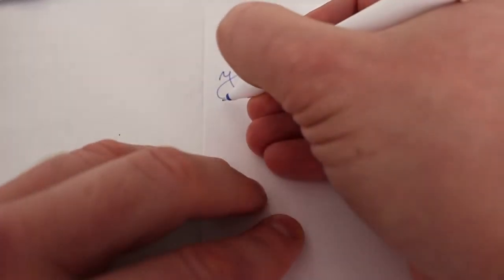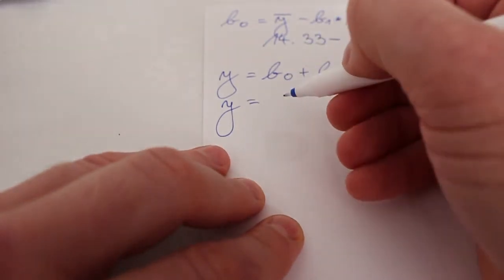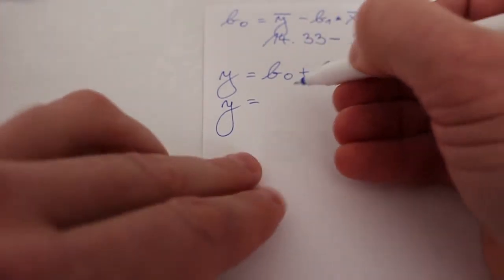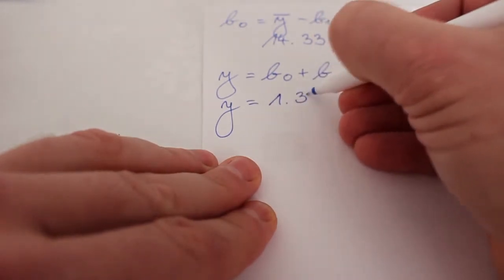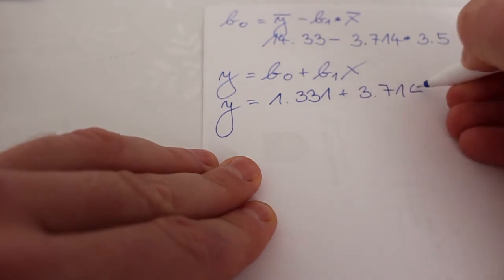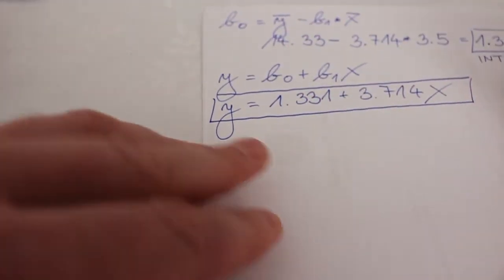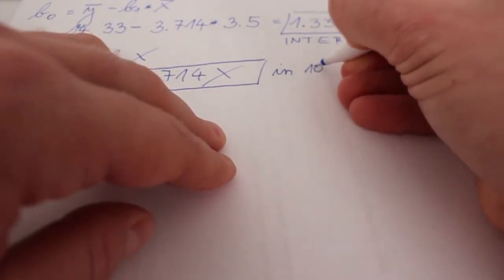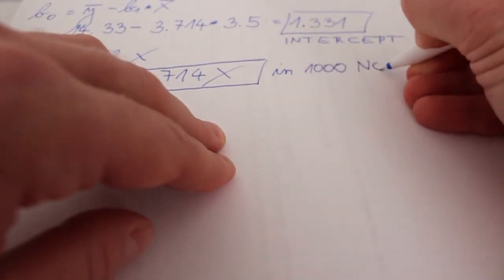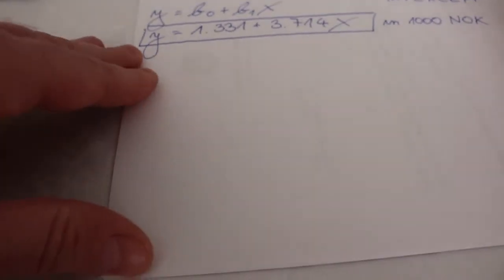In our situation, expenditures y are equal to b0, 1.331 plus 3.714x. This is my regression line, in thousands of Norwegian crowns.